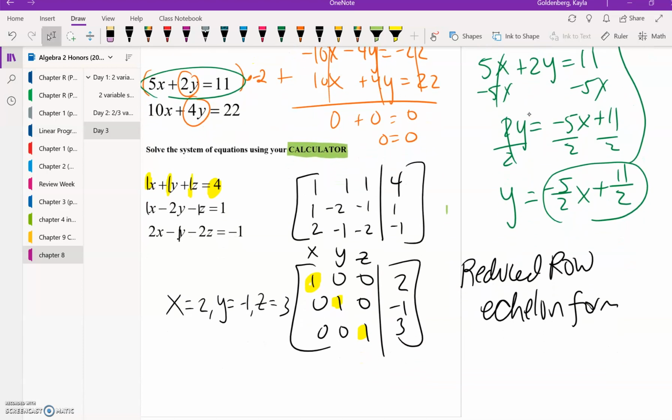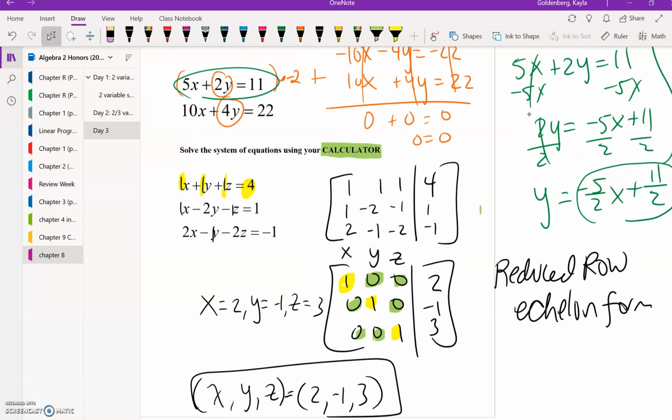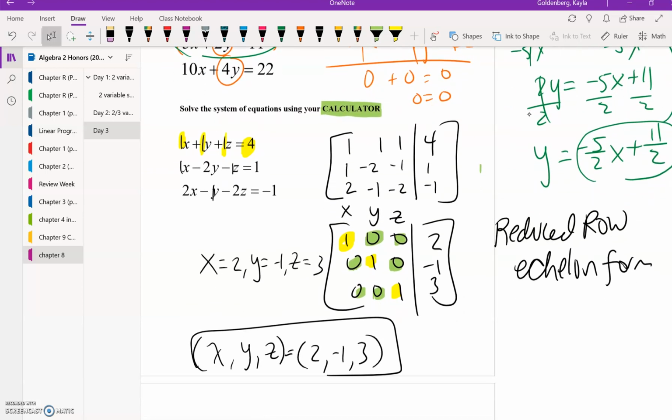Remember, we would want to write it like the ordered pair x, y, z: 2, -1, 3. And the reduced row just means it has those ones, the rest of the numbers are 0, and it goes in that nice pattern. And you can think about it like you've reduced the rows. Instead of having all numbers for x, y, and z, you just have x, y, and z solved for.